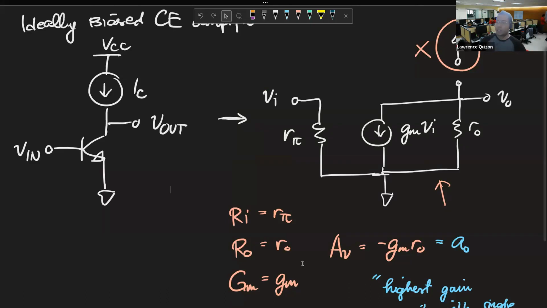Yung IC po ba na gamit dyan is yung IC if there was r_in? No. This IC is decided by the person who made the current source. No? This is the bias. So the cheat code that the current source gives you is the fact that it's a current source. Meaning you can set IC to any number that you want.